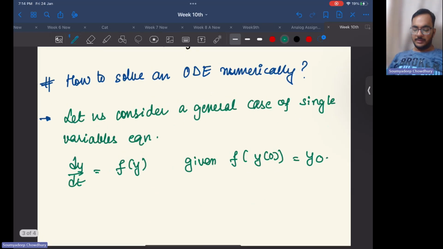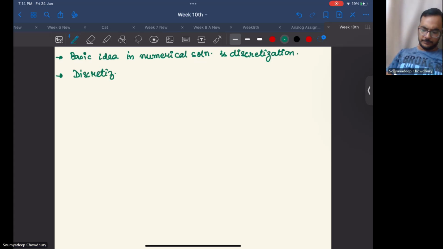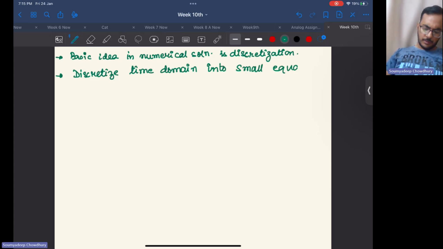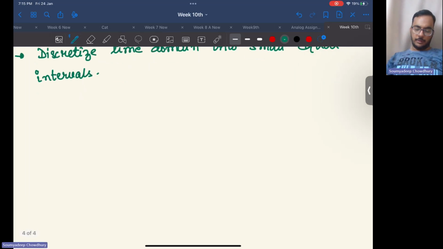And the independent variable is t here. So we are saying there is a function of y in terms of say t, time here. So we have to discretize the time domain into small equal intervals.